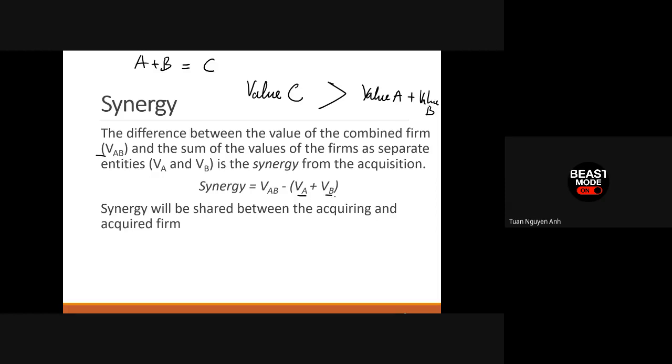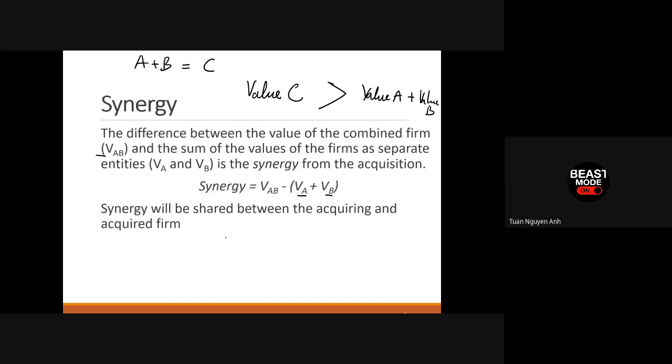Each of these people will think about the NPV before going into the merger and acquisition. The synergy is the benefit of both companies A and B, so of course they will share the synergy in this M&A deal. So we will calculate how they are shared.